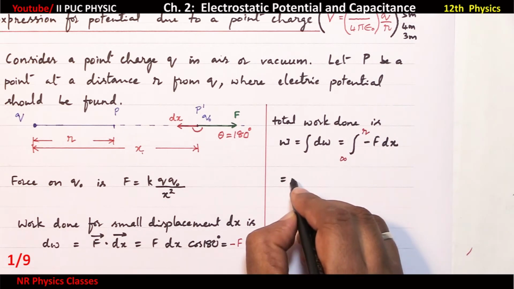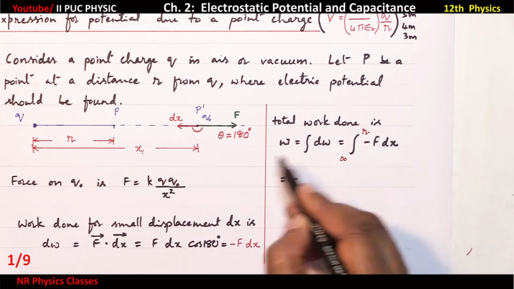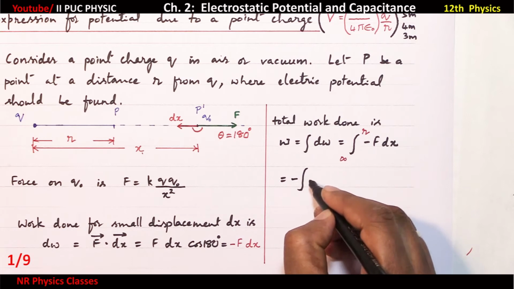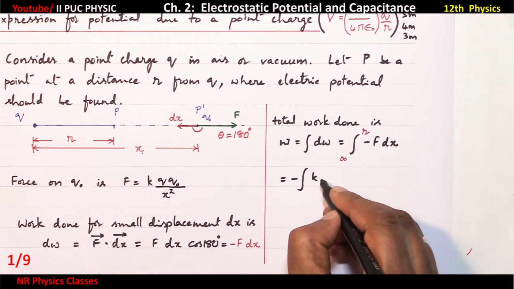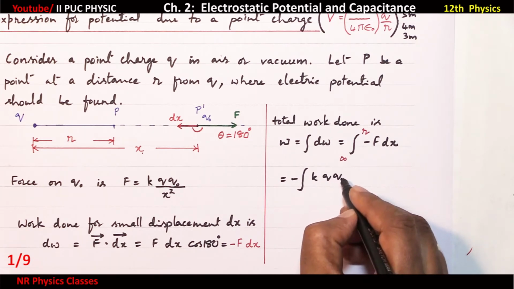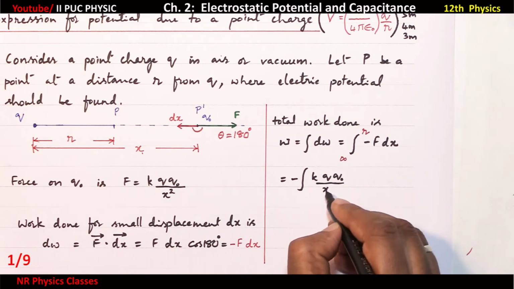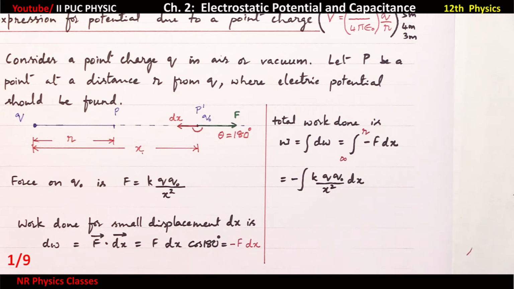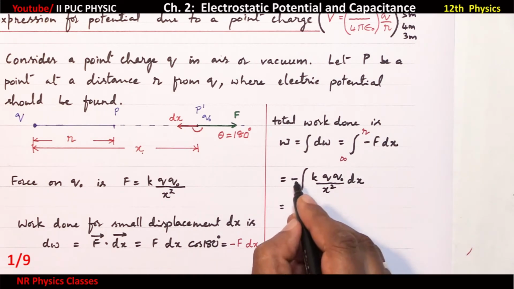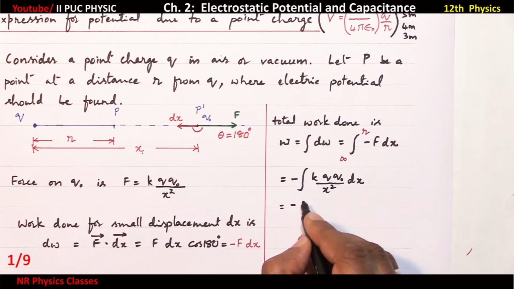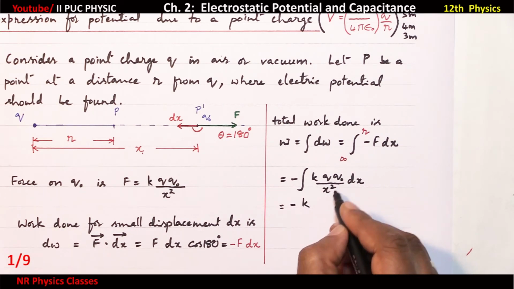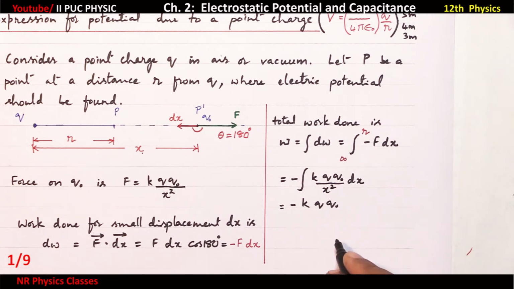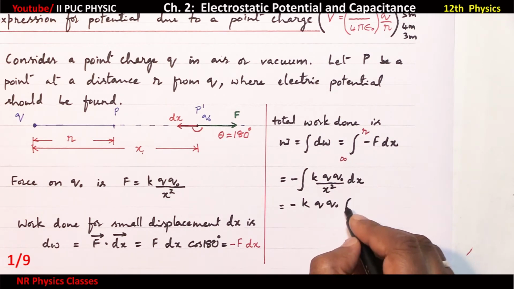Minus, F is constant, k Q Q0 by x squared, integration of constant Q Q0 by x squared into dx, equal to minus constant k Q Q0 integration.